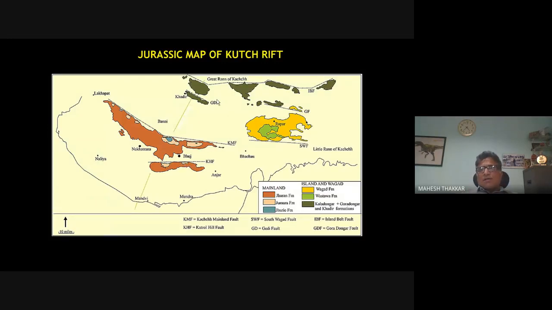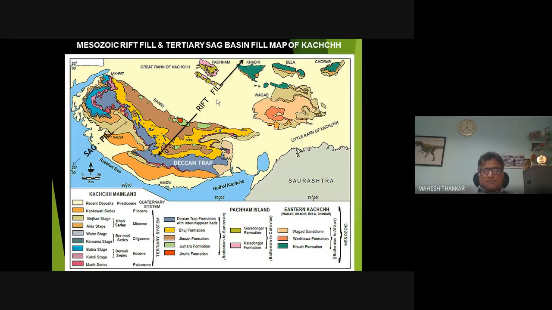So this is called the rift basin map, and this is the total. In the total geological map, one can see the rift-filled sediments and the sag-filled sediments. Sag fills are mostly the Neogene and Paleogene, which are separated by the Deccan Trap. You can see clearly a Deccan Trap patch between these two major sedimentary cycles.